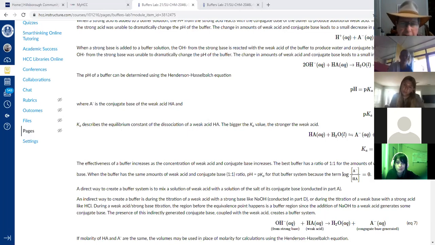I got moles per liter divided by moles per liter, but the liters are the same. So in actuality, what I am really doing is comparing moles of A- to moles of HA. Does that make sense to you guys? Okay, so basically that's the Henderson-Hasselbalch.